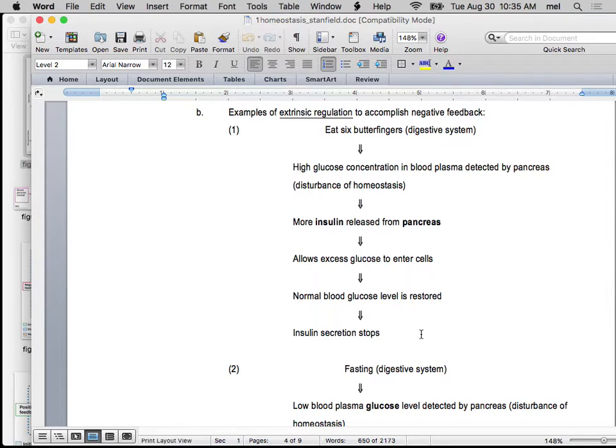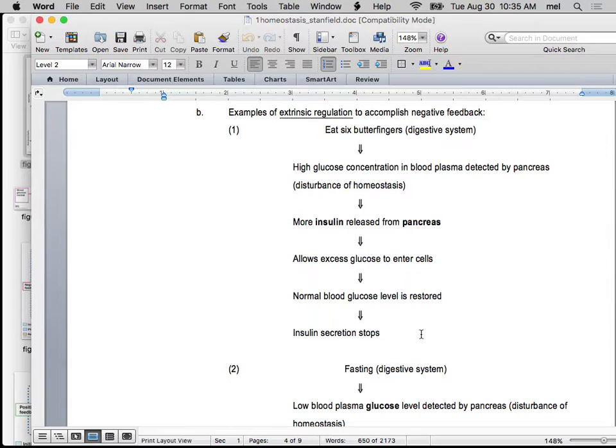So what the endocrine system is going to do is it is going to detect the high levels of blood glucose. In this particular instance, although you may or may not know this yet, the pancreas both has the receptors, the sensory receptors to determine the change. It also has the integration center. Okay, so it's got the integration center in there, and it says, whoa, that is way too much glucose.